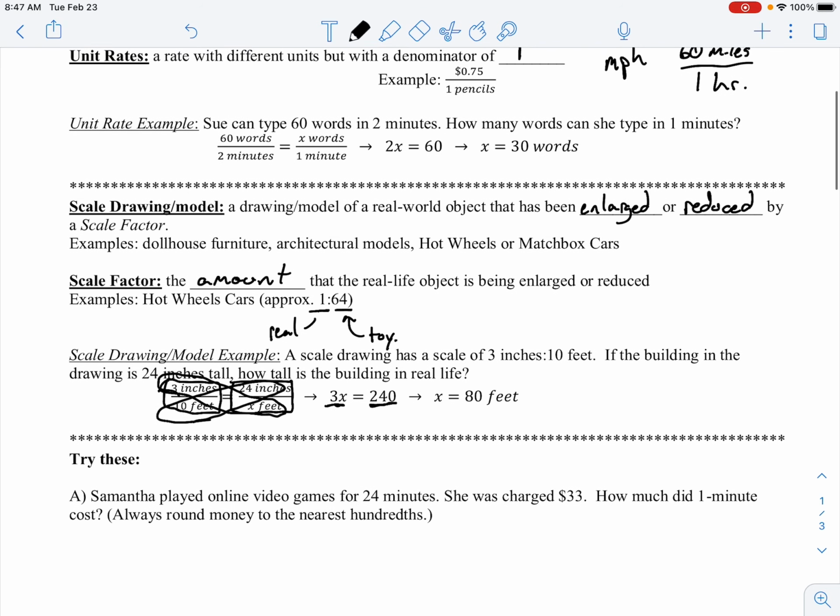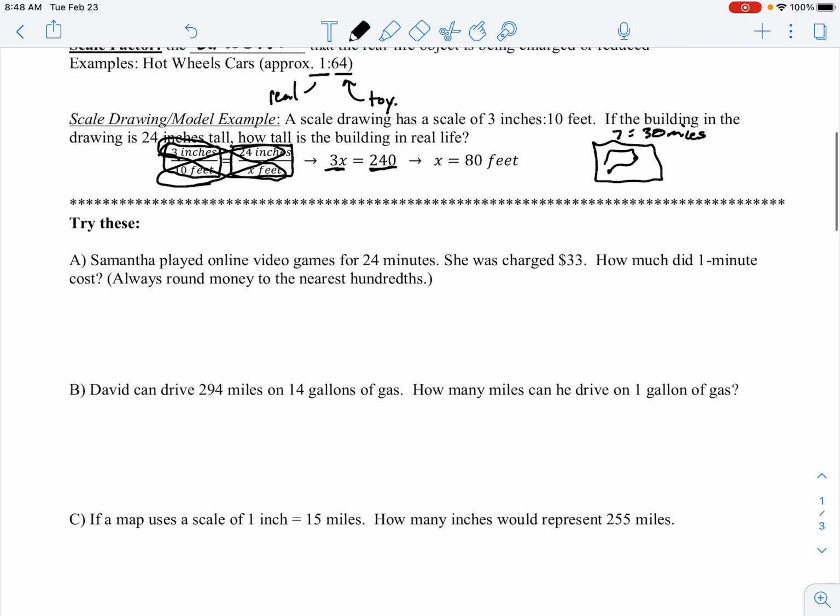But on a map, we can't obviously have a 30-mile road. So what they do is they use a scale so that on the paper, maybe about 7 inches or so would be equal to those 30 miles. So maps are just another example of scale factors here.